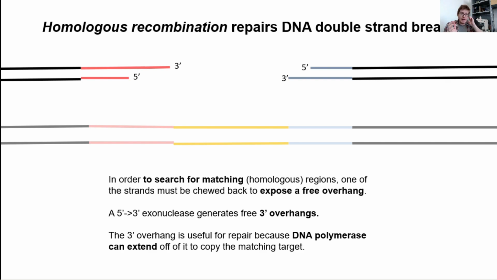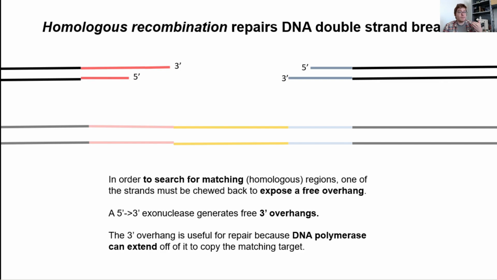Now, in principle, you can imagine either a 5' to 3' exonuclease generating 3' overhangs, or a 3' to 5' exonuclease generating 5' overhangs. Both of those would be ways of generating single-stranded overhangs that you could use to search for homology.